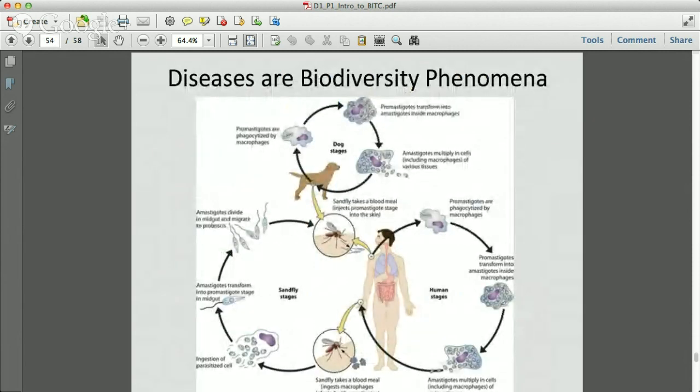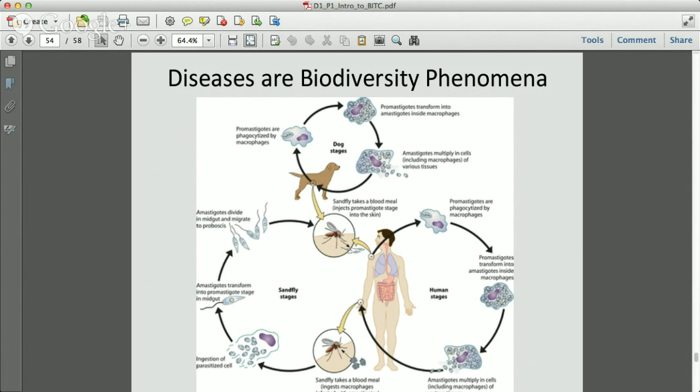Disease and biodiversity phenomena. Here is a life cycle for leishmaniasis. And what you can see is interactions between pathogens and sandflies and mammals. And in fact, this life cycle is quite simplified because the only mammals that are shown are dogs and humans.